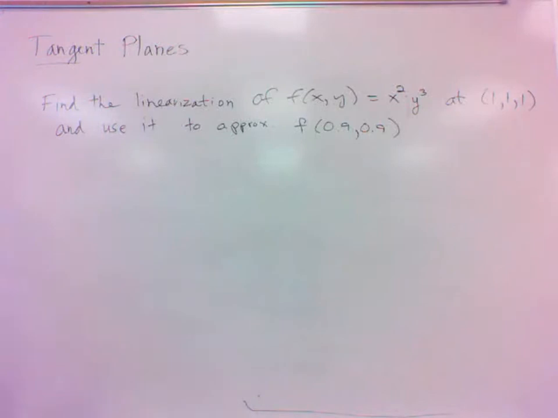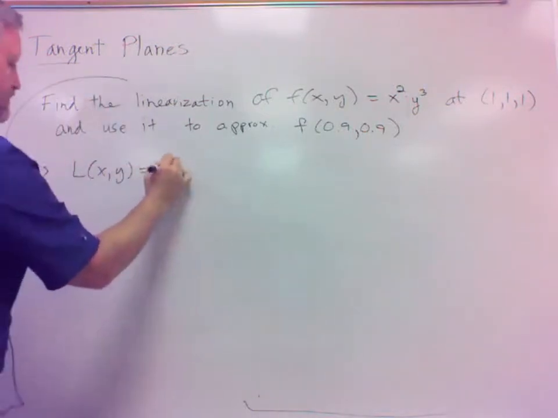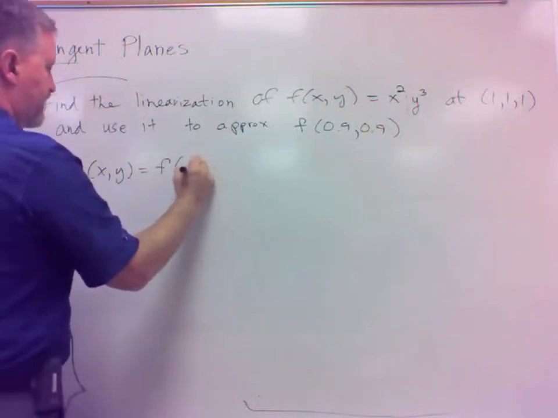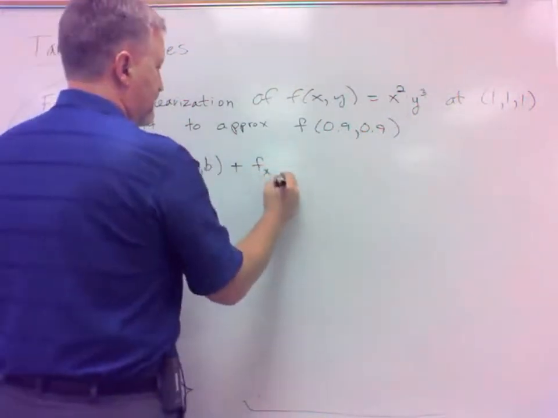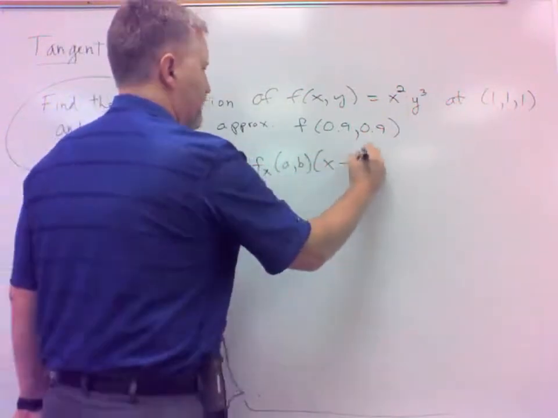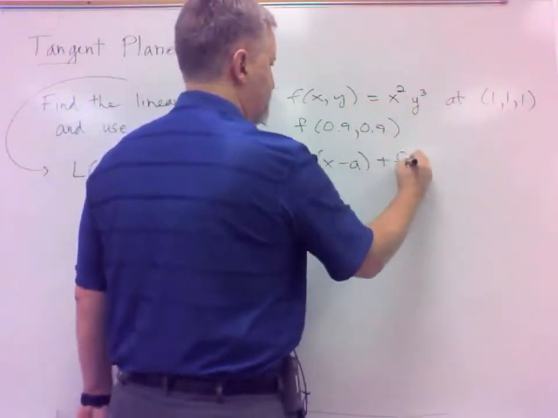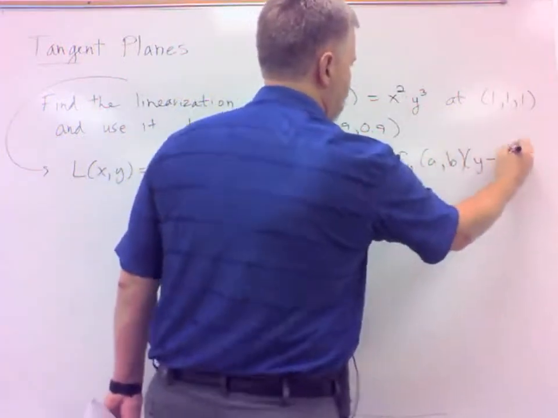Linearization, we know, is L(x, y) equals f(a, b) plus the partial of f with respect to x at (a, b) times (x minus a) plus the partial of f with respect to y at (a, b) times (y minus b).